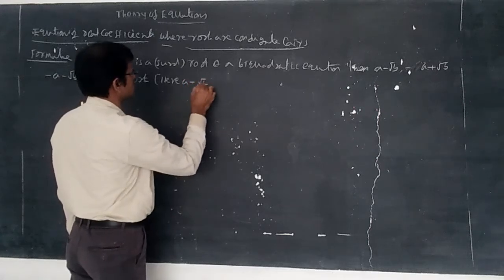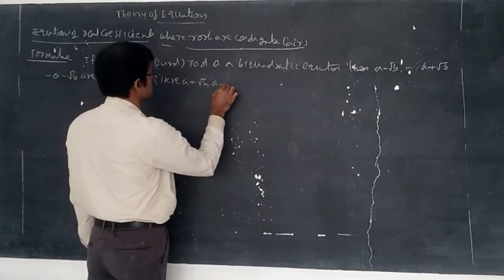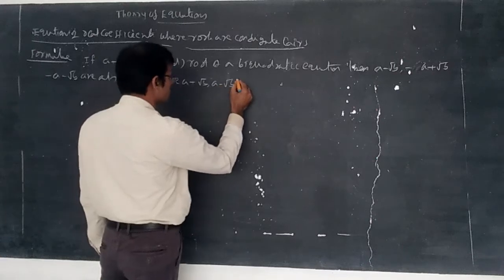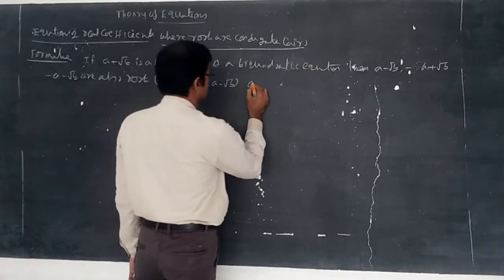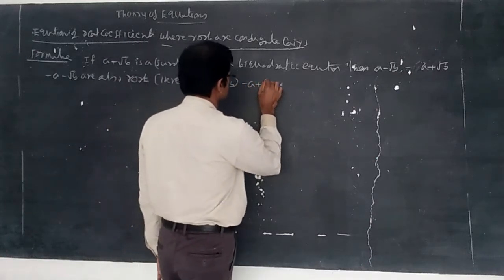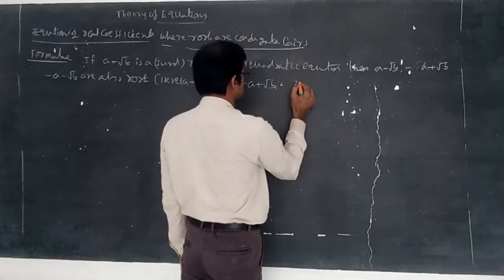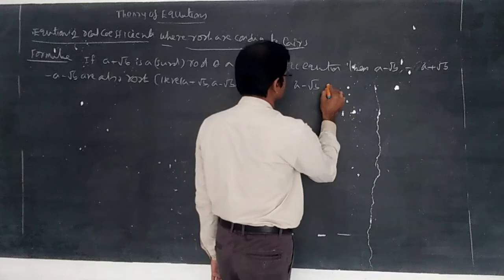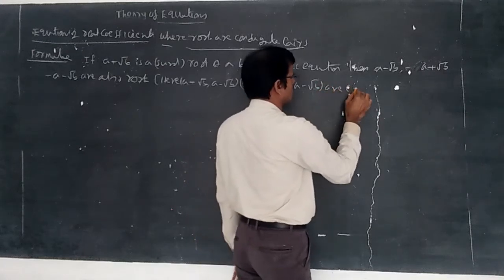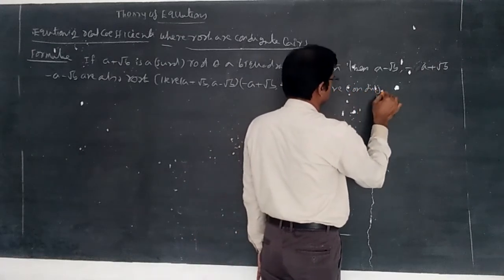A plus root b, a minus root b, this is a group, and minus a plus root b, minus a minus root b are conjugate surds separately.